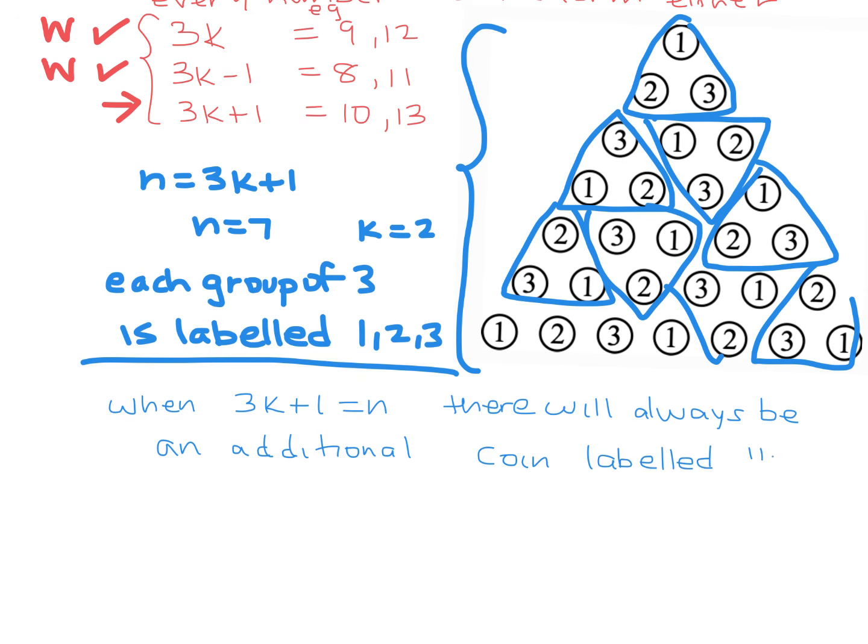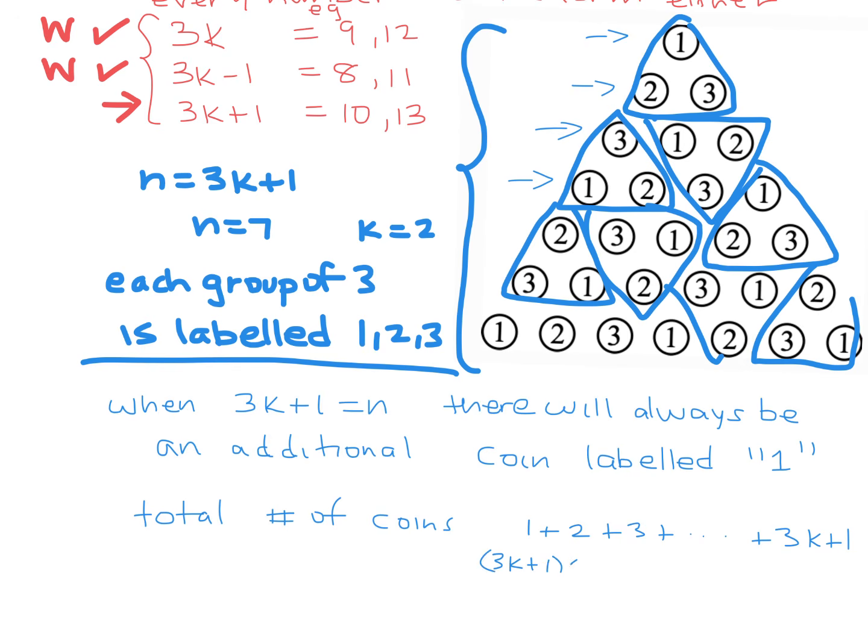So the total number of coins is going to be 1 plus 2 plus 3, right? Here we have 1 coin, 2 coins, 3 coins in each row. There's 3k plus 1 rows, so it'll go all the way up till 3k plus 1. Got it? And when you add that up, it's going to be 3k plus 1 times 3k plus 2 all over 2, and that is the total coins.